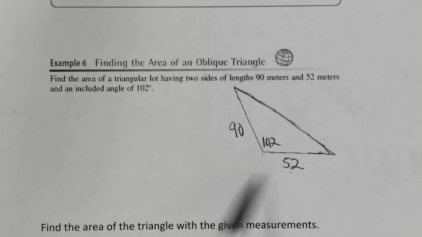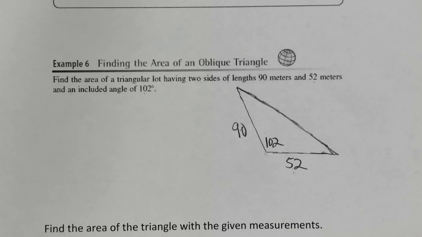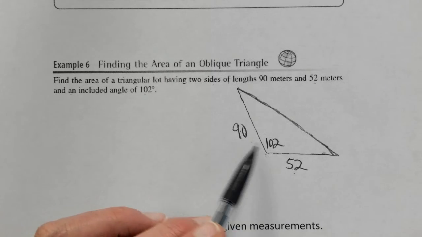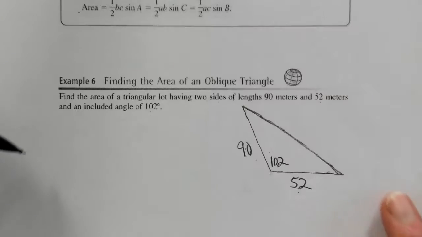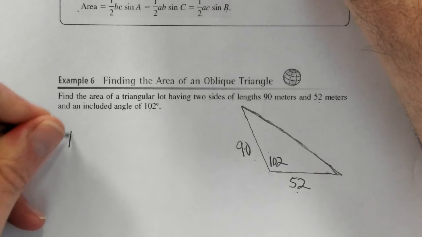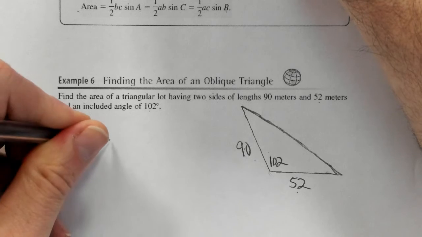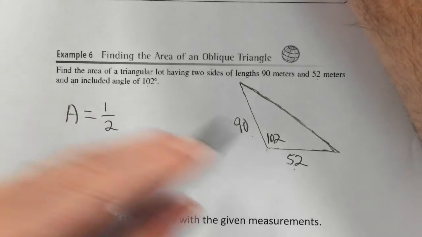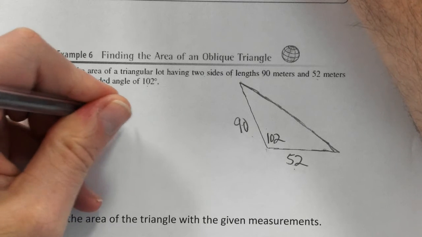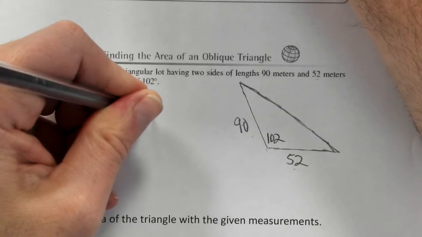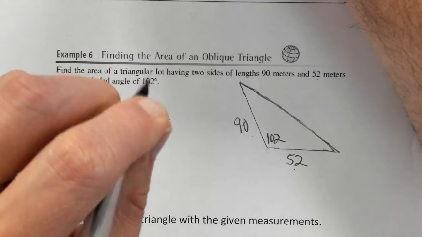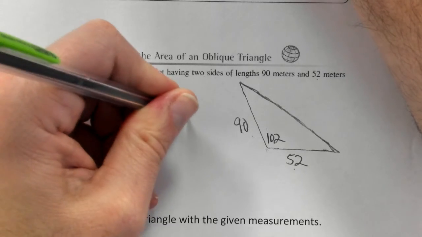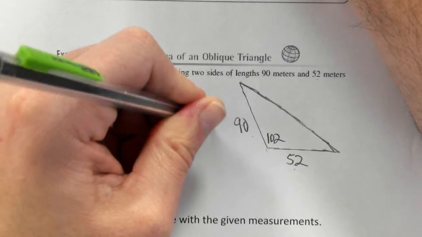We don't have it, but it turns out this is all we need to use this formula. So the area would be equal to 1/2 times 90 times 52, and then times the sine of the included angle, which is 102.